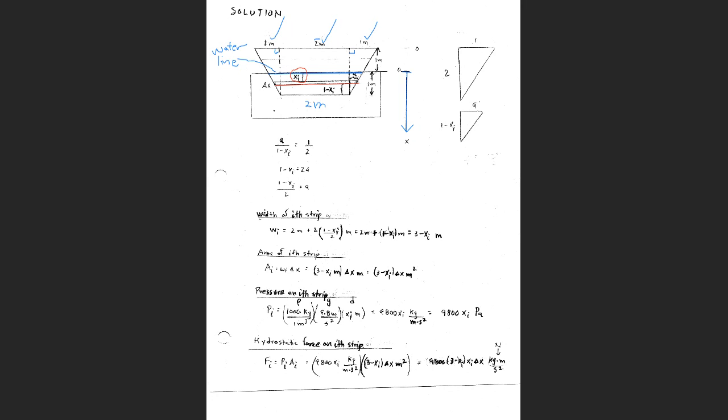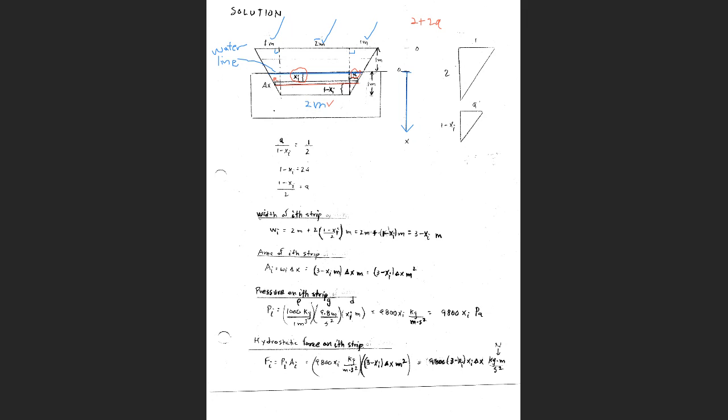So yes, it includes the 2 meters, but it also includes this A, and then there's another A there. So in other words, the base for the ith layer of water is equal to 2 plus 2 times A. The question is, what is A equal to?